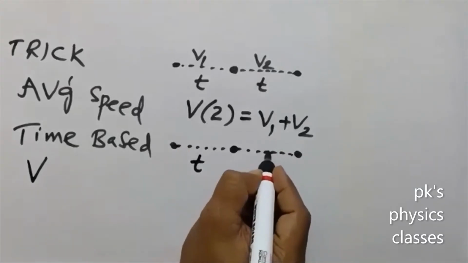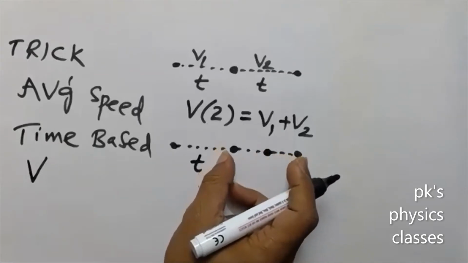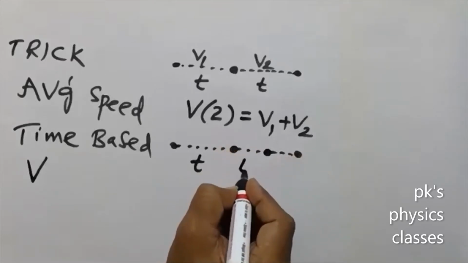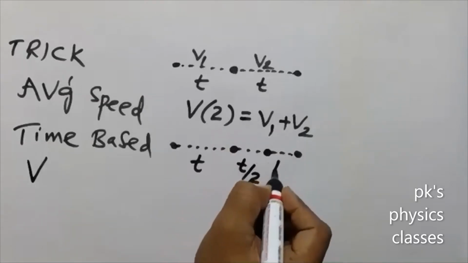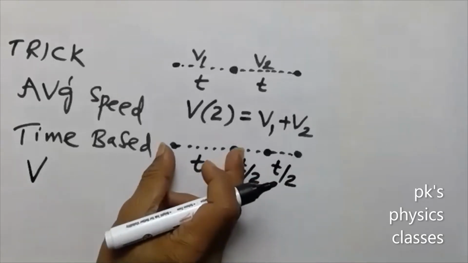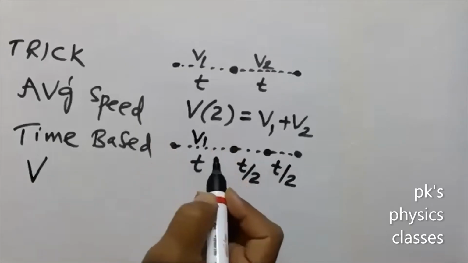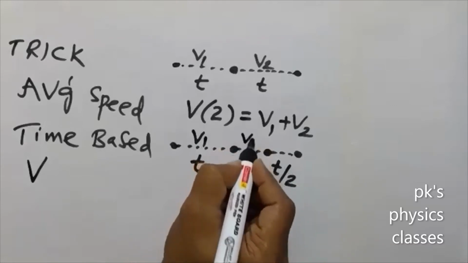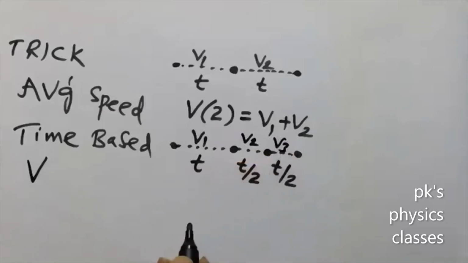Then the next half of the duration is again divided into halves, and this is another half. In the first duration, the speed of the car is v1. In this t by 2 duration, speed is v2. In this t by 2, the speed is v3, it is given like this.